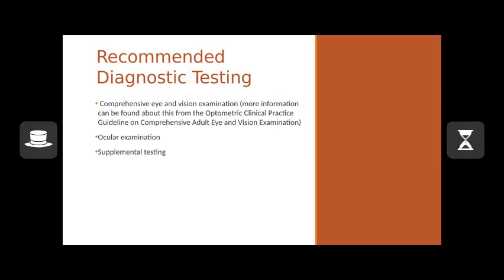The guideline also mentions different supplemental testing that can be done, which includes inspecting visual fields, using an Amsler grid when you're suspecting macular disease, doing a corneal pachymetry and endothelial cell count, using a B scan ultrasonography, doing a tomography, doing a specialized color vision testing, doing electrophysiology, doing a contrast sensitivity or glare testing, and doing a potential acuity test.